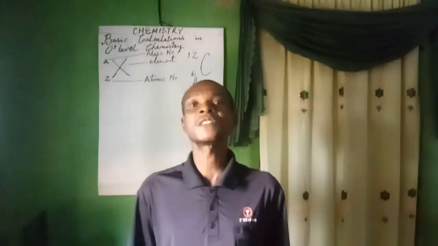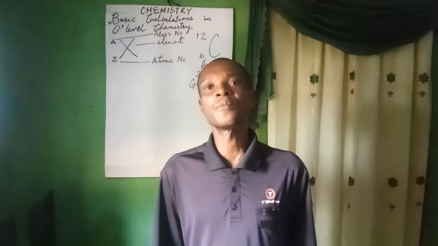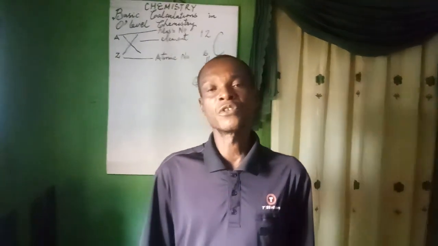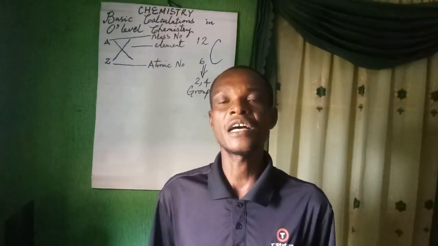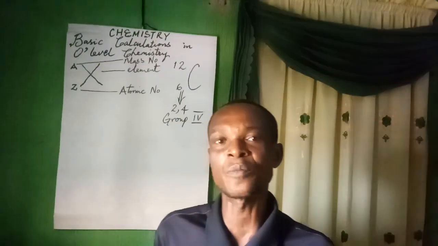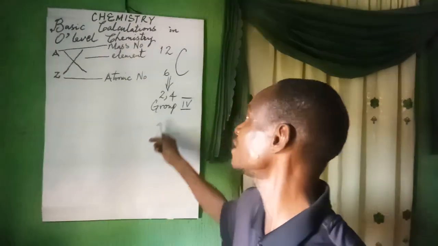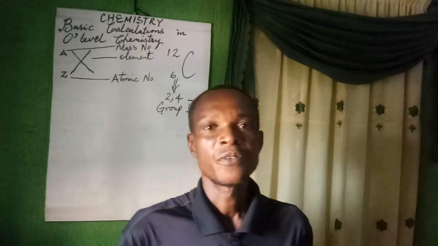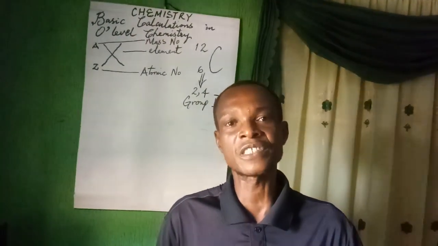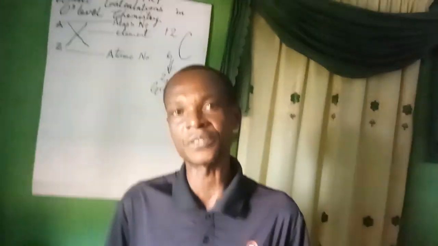Therefore, we can also say that the atomic number is the number of electrons or protons in a neutral atom. And from there, since it also tells us the number of electrons, we can write a configuration from where we can understand how these electrons are distributed in the shells.